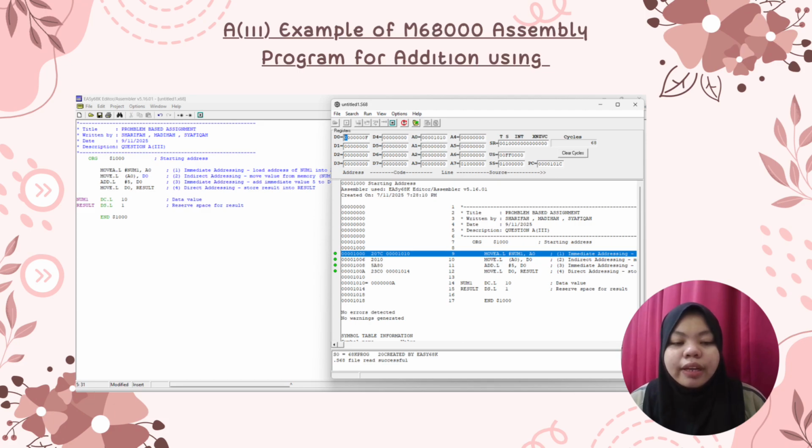It takes the value from memory. Then add.l #5, D0 also uses immediate addressing to add the number 5. Finally, move.l D0, result uses direct addressing to save the result in memory. So this program uses three addressing modes: immediate, indirect, and direct to do addition.